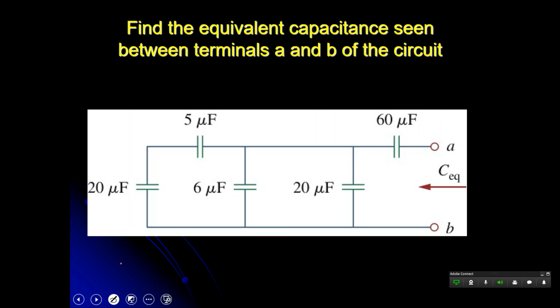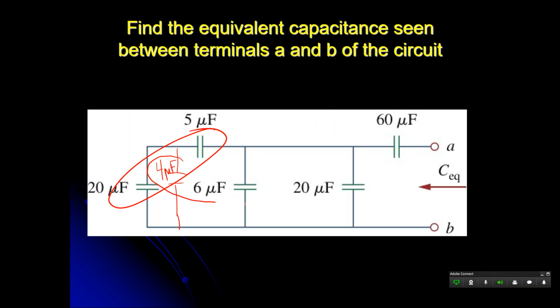Which two capacitors, or which three or however many capacitors, are you going to combine first? 5 and 20, exactly. So you're going to combine these two first into a capacitor of how many? 4, exactly, 4 microfarad. Once you're done that, you take this new one and you take it together with these that are in parallel.